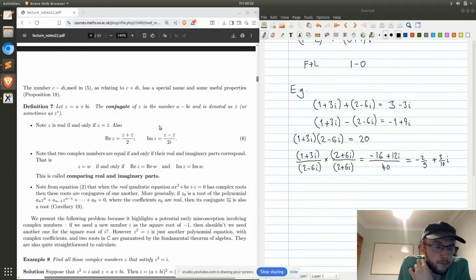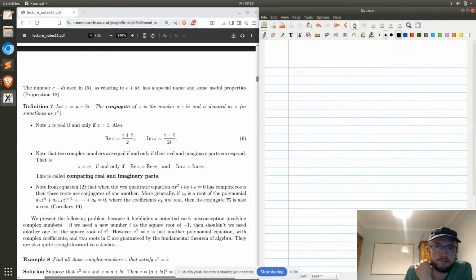Okay, is that self-evident? Formula 6? Well, I feel more comfortable proving it. So, here's the claim. What we have to do is let z equal a plus bi.